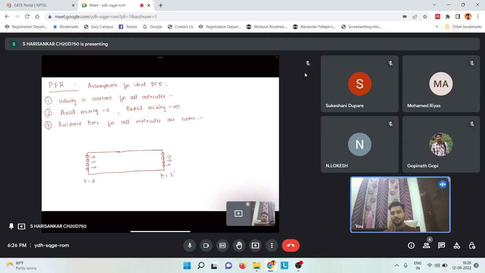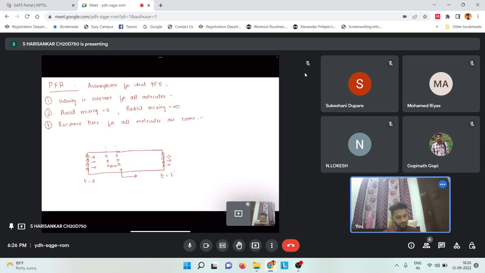The second assumption: let's take two sets of these molecules. First this set of molecules entered, and then this set entered. What it means is axial mixing is 0, so mixing between these two layers does not happen. This is axial and this is radial.